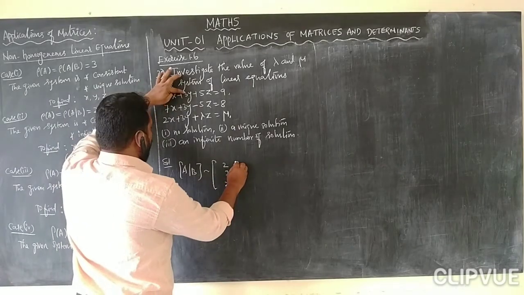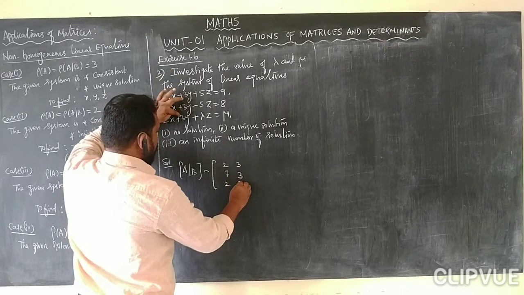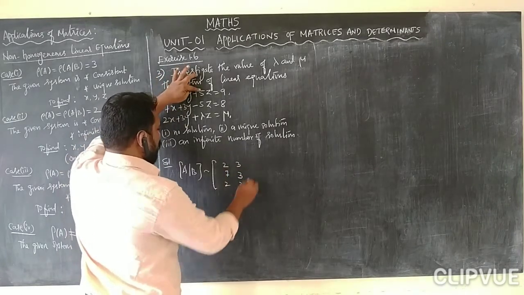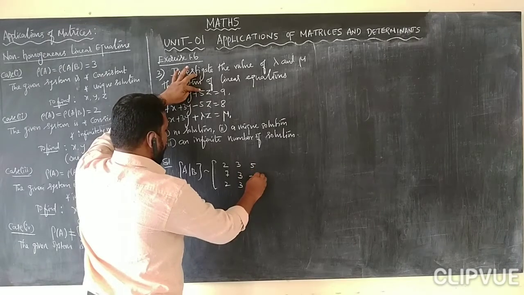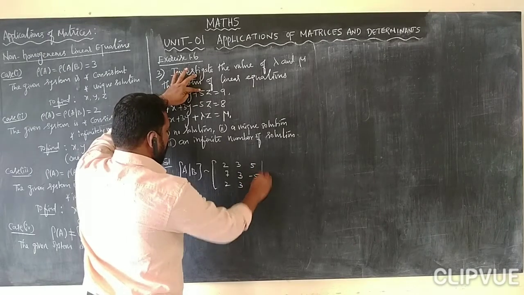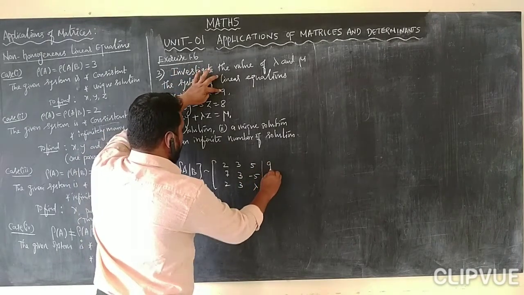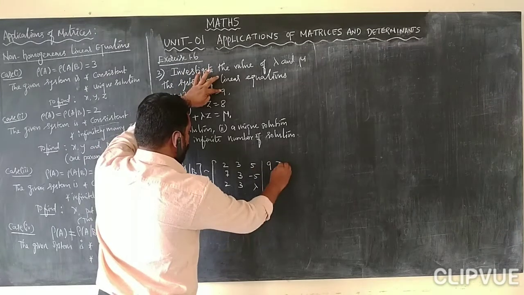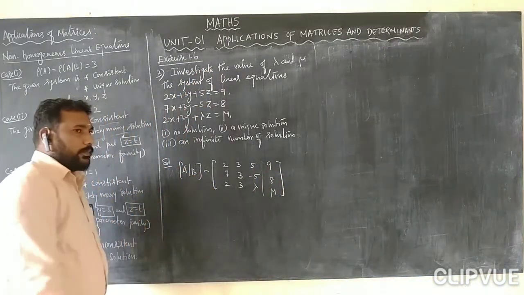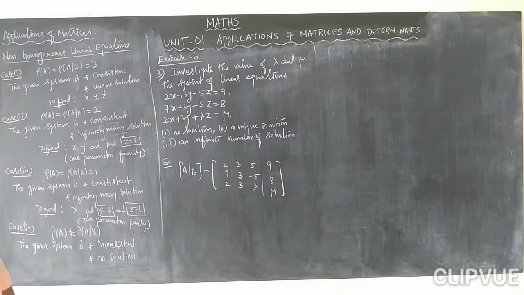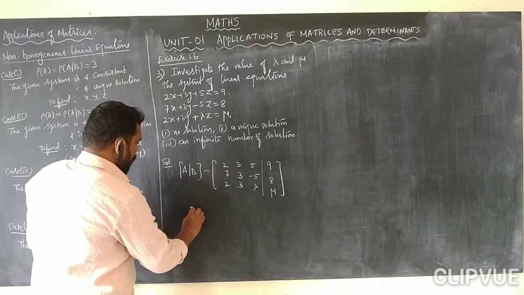Next, coefficient of y values: 3, 3, 3. Next, coefficient of z values: 5, minus 5, lambda, and the constants 9, 8, mu. This is the augmented matrix [A|B].